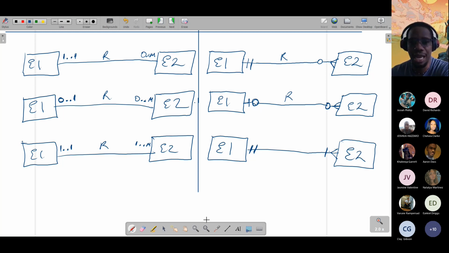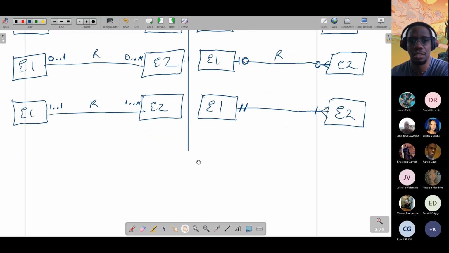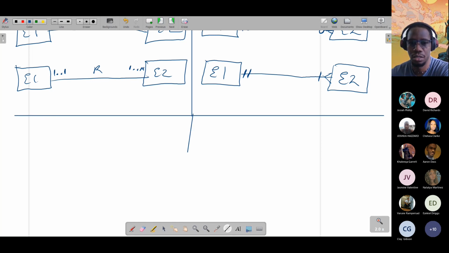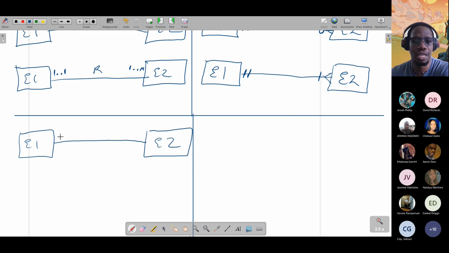And lastly, representing the many-to-many relationship. Okay. And of course, a lot of times when we draw this many-to-many relationship between entity 1 and entity 2, you annotate many-to-many, it's represented with an M and an N, right?